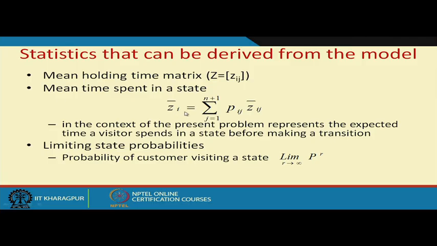So, this is basically your Z i bar, the average time, the mean time spent in a state i, equal to the sum of j equal to 1 to n plus 1, from the first state up to the exit state.